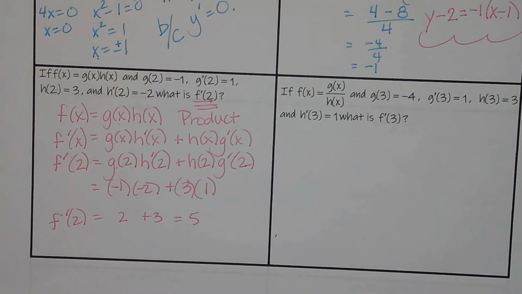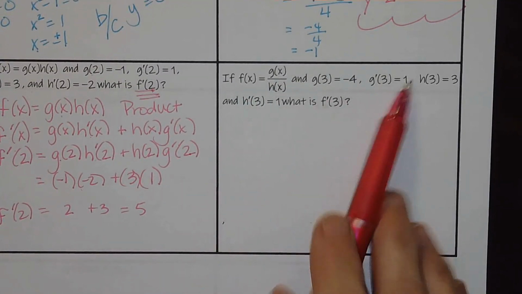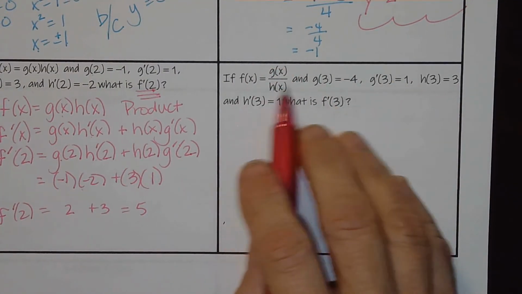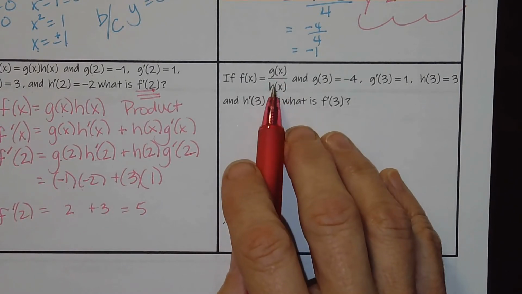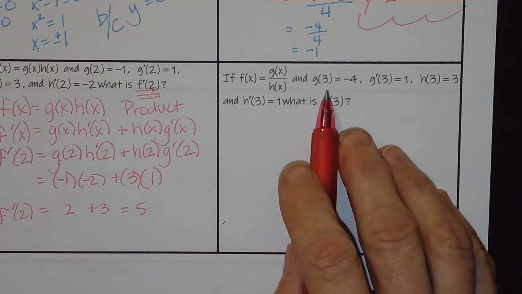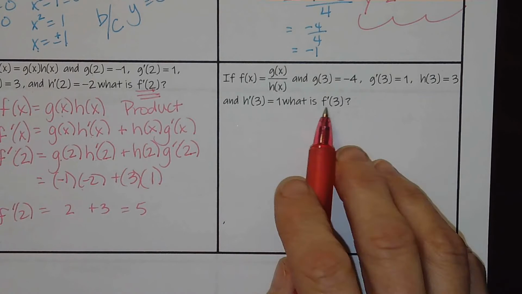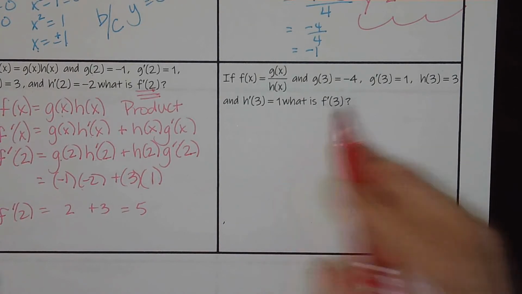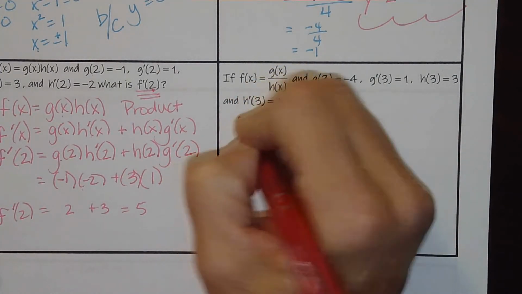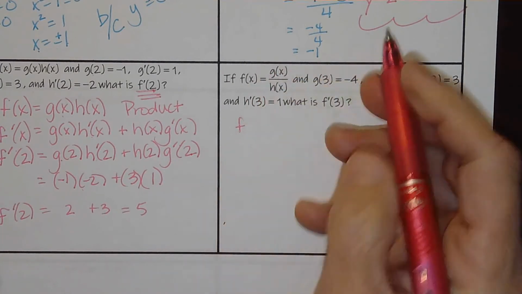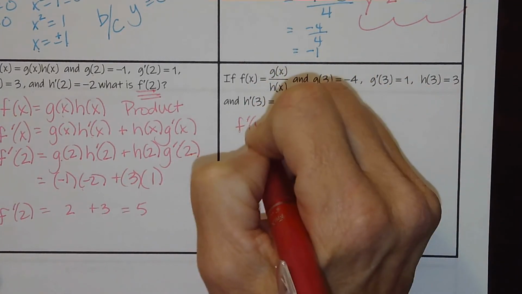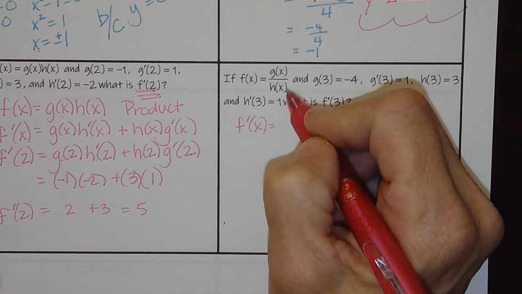Okay, and then the last example that we have here is going to have this quotient. We have information about g and h, and we want to find f prime of 3. So that means find the derivative of the function f using the quotient rule.